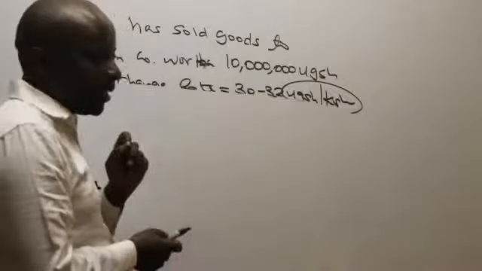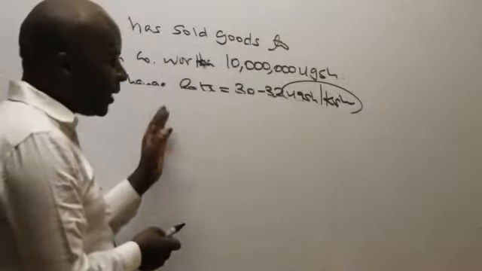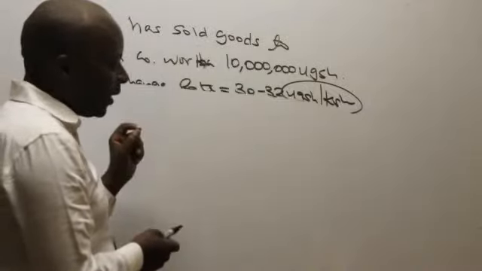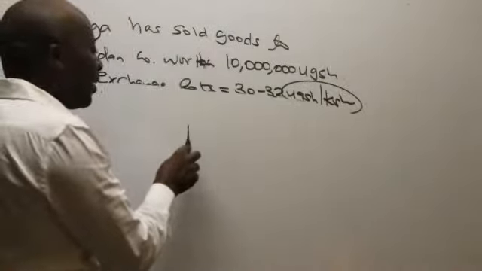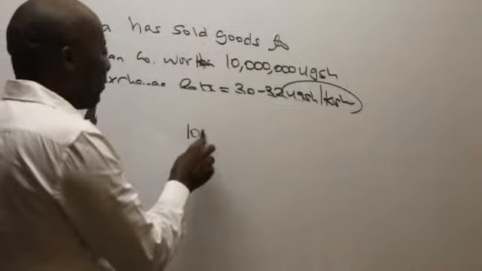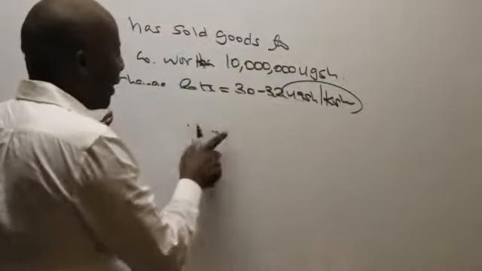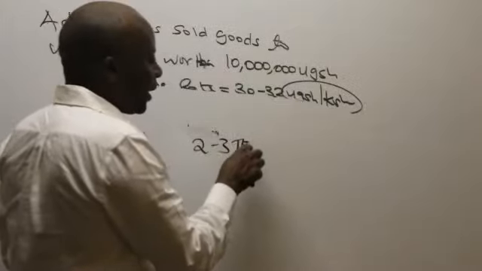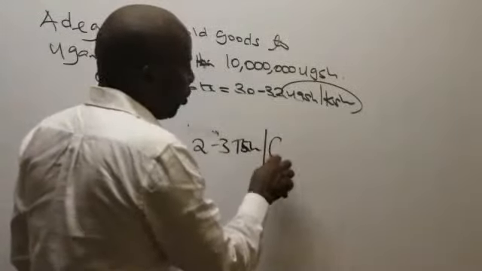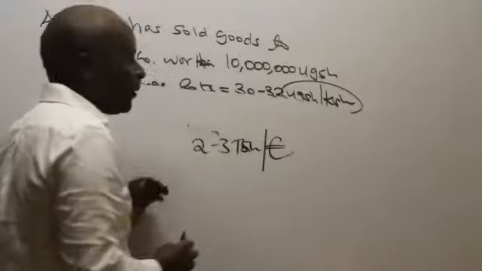Then they said Jackie expects some money. They said, for example, the exchange rate is Tanzania shillings per euro. Now the euro is written like this.